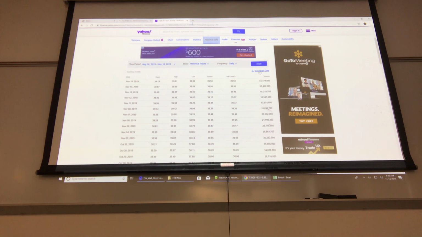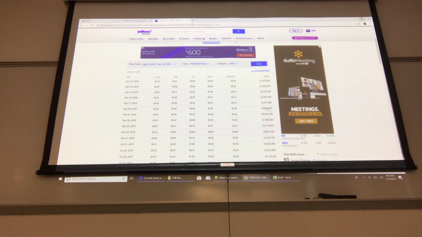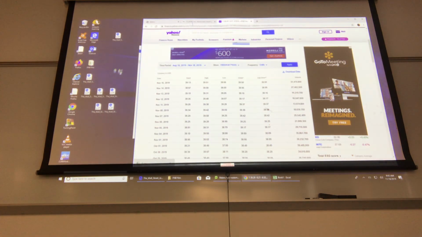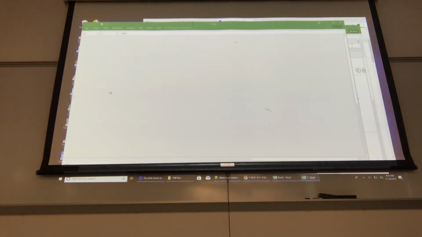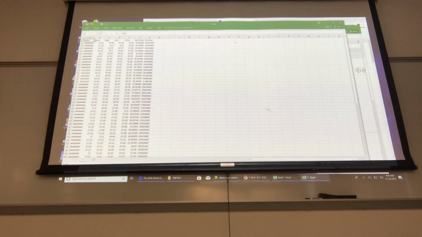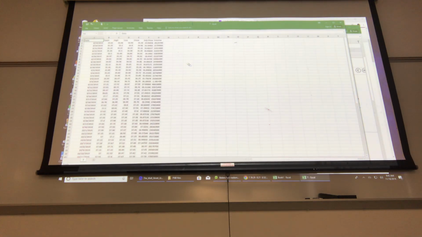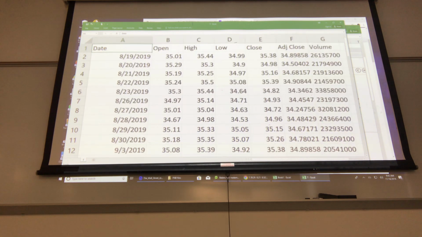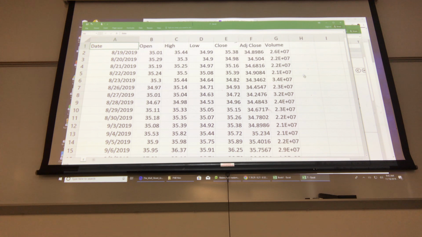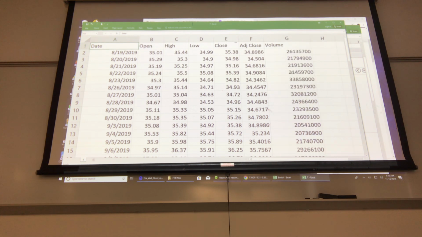And then you have download. As you download, you have a file here at the bottom. This particular file, you can put it into your computer. The file is named with the company that you have, and you see the data of that particular stock.